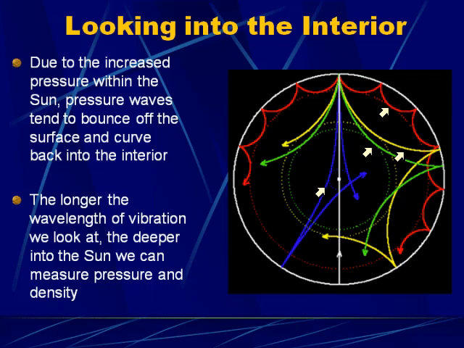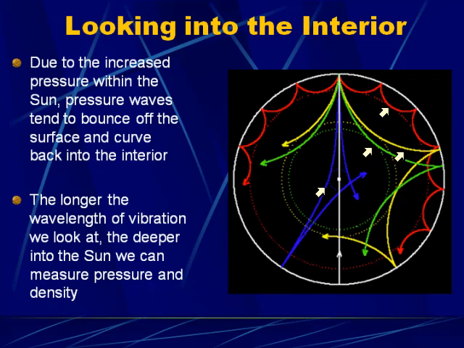Now, initially, when helioseismology started, we were just looking at the very high frequency waves. And the reason for this was we could only watch the Sun so long as it crossed the sky before it set, and we had to start all over again.